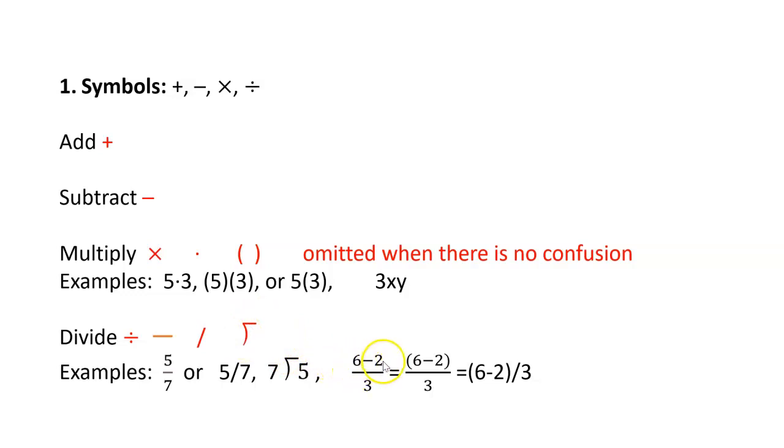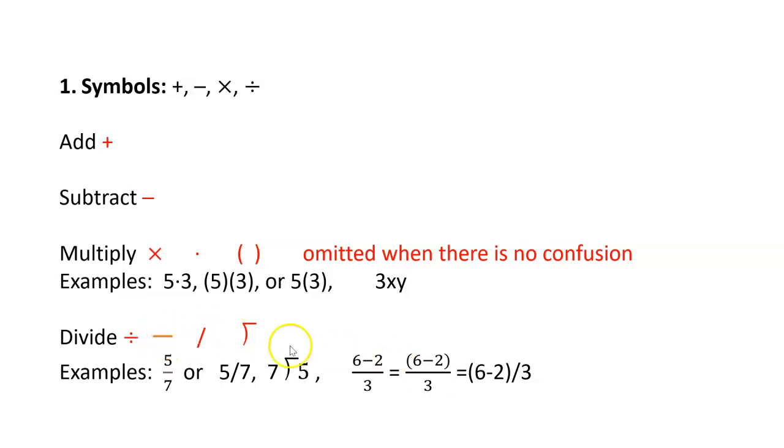And in other situations, when we have a mix of different operations, for example, 6 minus 2 divided by 3, we have to specify the order. Normally, we would consider division before subtraction.